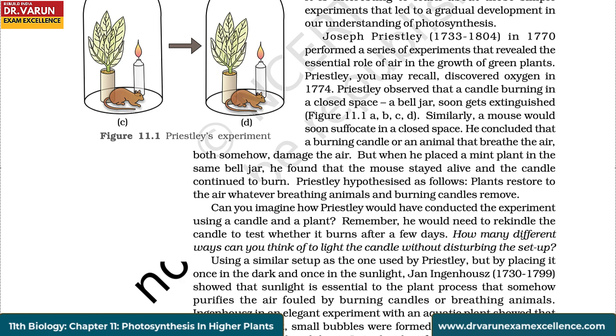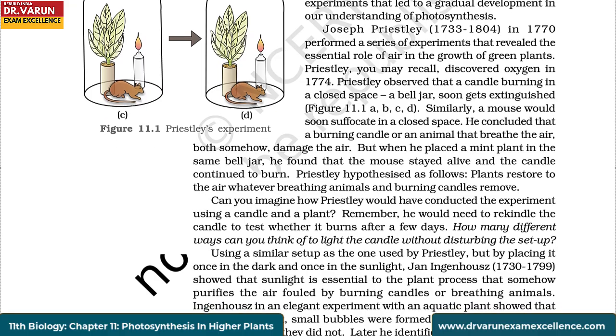Priestley observed that a candle burning in a closed space, a bell jar, soon gets extinguished. Similarly, a mouse would soon suffocate in a closed space. He concluded that a burning candle or an animal that breathed the air both somehow damage the air. But when he placed a mint plant in the same bell jar, he found that the mouse stayed alive and the candle continued to burn.